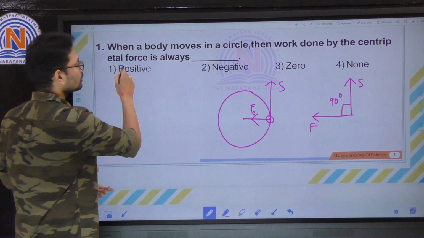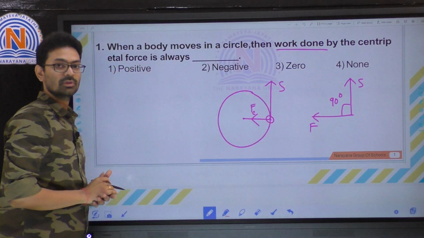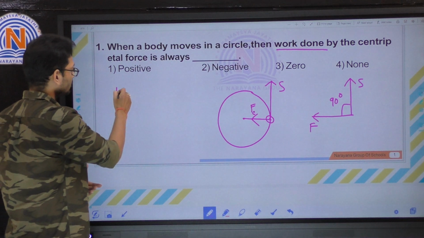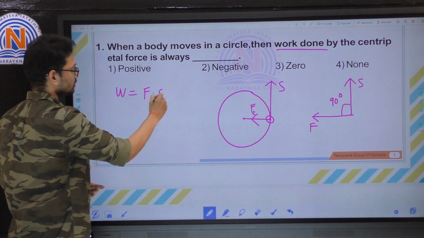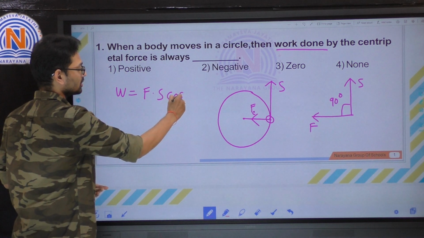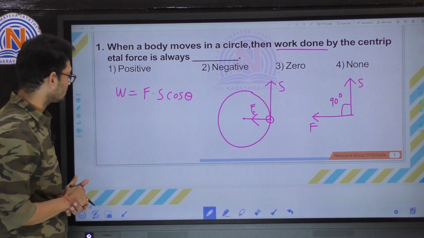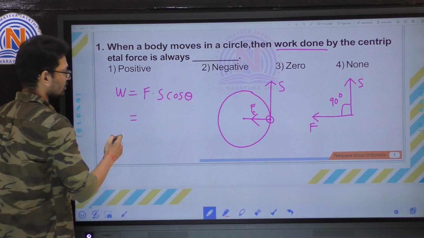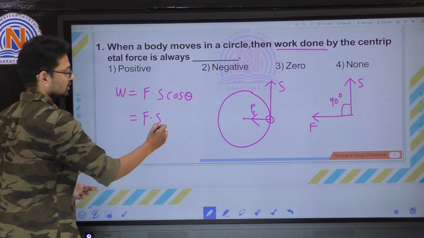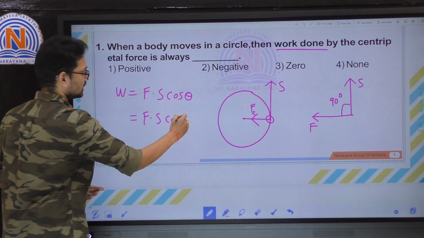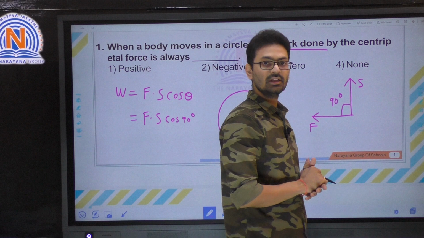Now when you want to talk about the work done because of this force and displacement, the work done formula is W equals force into displacement, as it is a dot product, cos theta. F dot S cos theta is equal to F dot S cos 90 degrees. Now what is the value of cos 90?